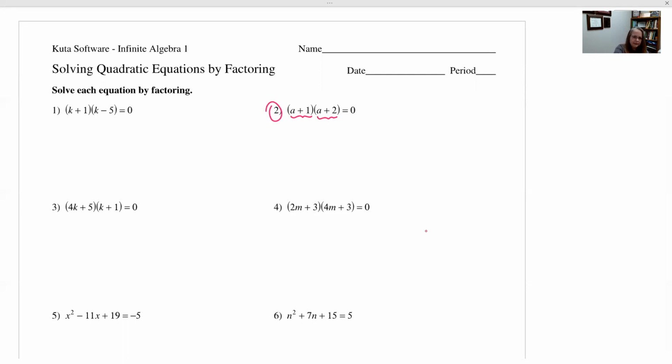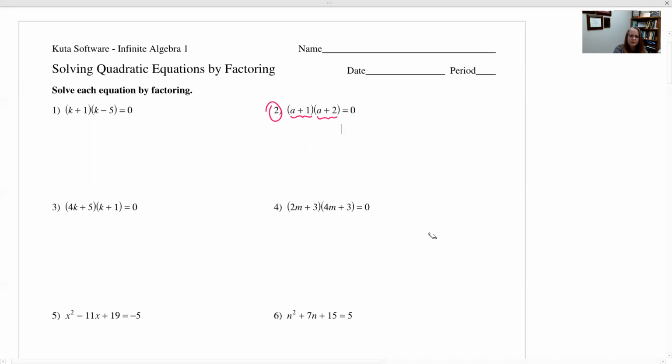And the idea here is if a plus 1 equals 0, I don't care what a plus 2 equals. I'm only focusing on the fact that a plus 1 equals 0. Well, if that's the case, then I have 0 times something, and 0 times anything gives me 0.